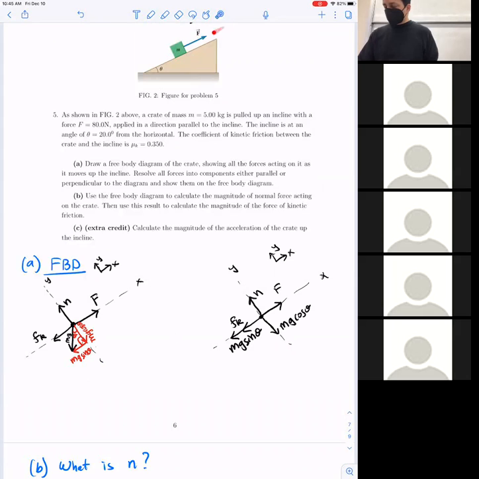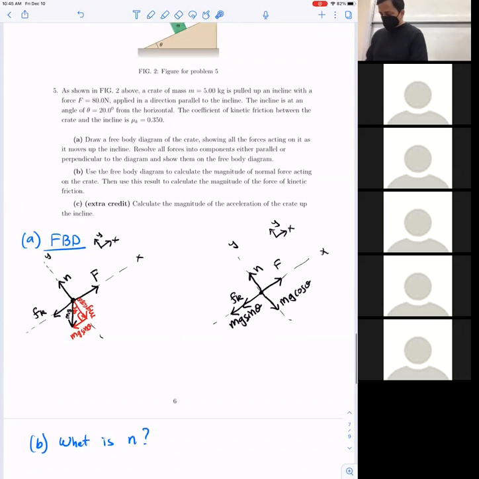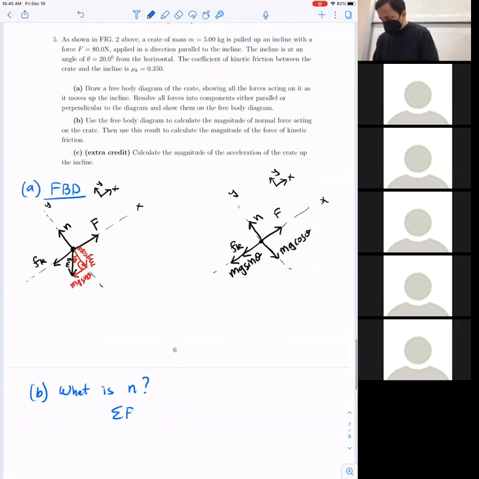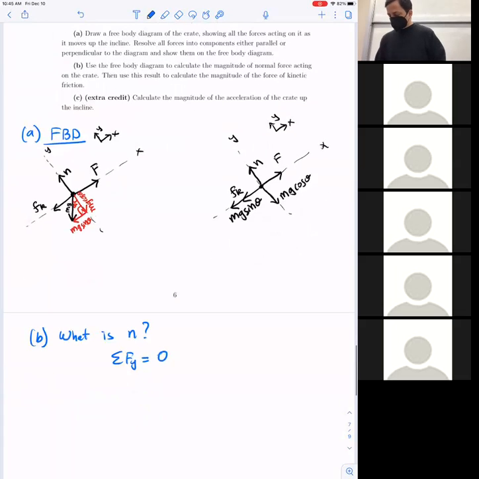The crate is only moving along the incline. So therefore, the acceleration along here has to be 0. So very quickly, I can write the sum of the forces along y has to equal 0 because it has 0 acceleration. Therefore, n minus mg cosine theta is equal to 0. Therefore, n is equal to mg cosine theta.